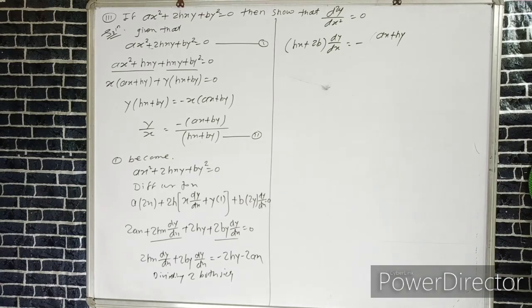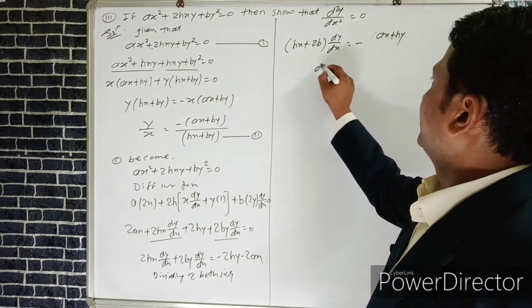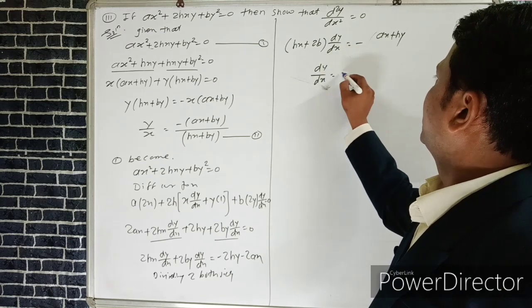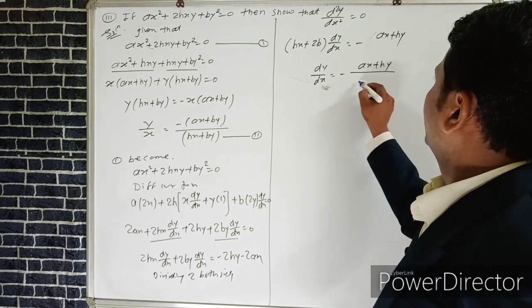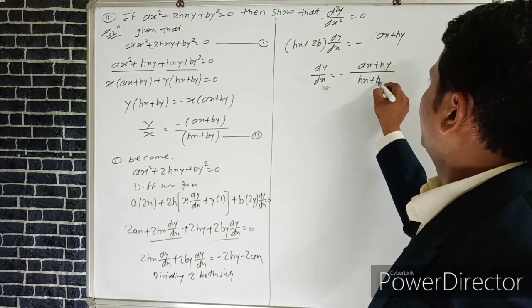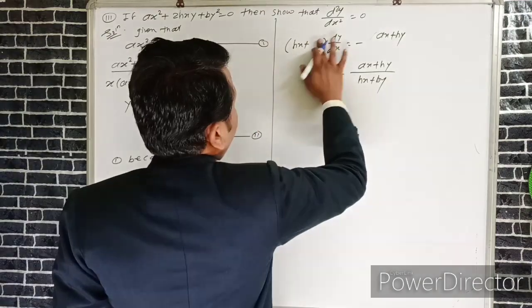Here if we take this multiple to the right side, we can write dy upon dx equals minus ax plus hy upon hx plus by.